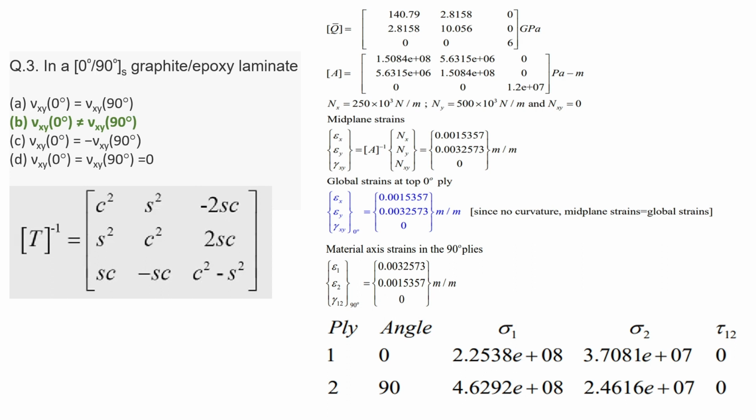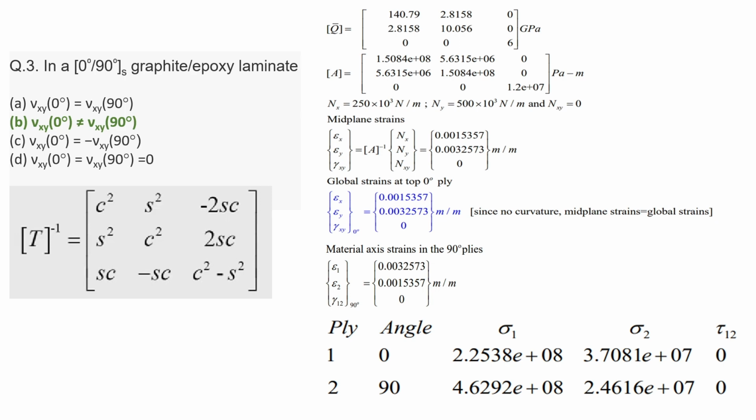Whereas for 90 degree, if we are considering the same x and y direction for the laminate, the longitudinal will be the transverse condition of the laminate. So the x direction for the 90 degree layer will be along the alignment of the fibers.